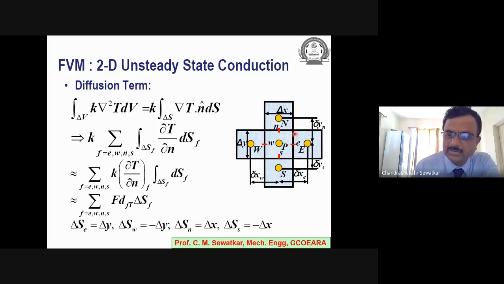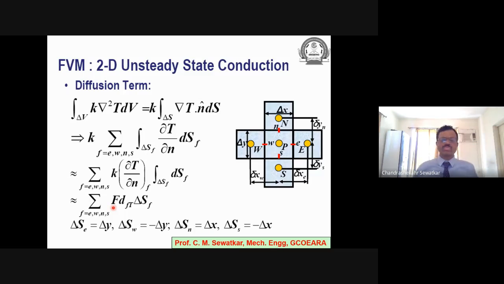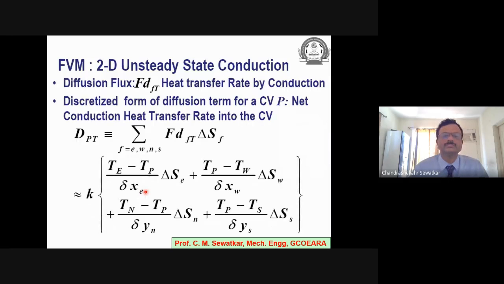What I get is total heat transfer because of conduction across all the faces. That's what is represented by this term. And in that, this flux value can be calculated by considering K into del T by del n. That is my flux. So diffusion flux is FDFT, heat transfer rate by conduction.